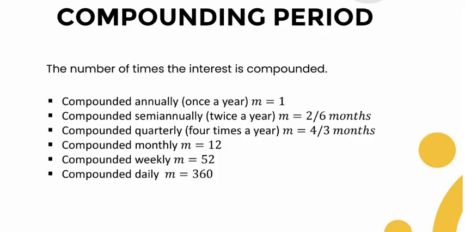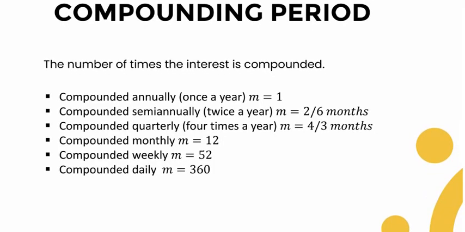So that is the number of times the interest is compounded. And then sa ating problems, you would be able to notice these keywords or key terms because it would not be evidently telling you na you have to compound it one time, three times, or twice.